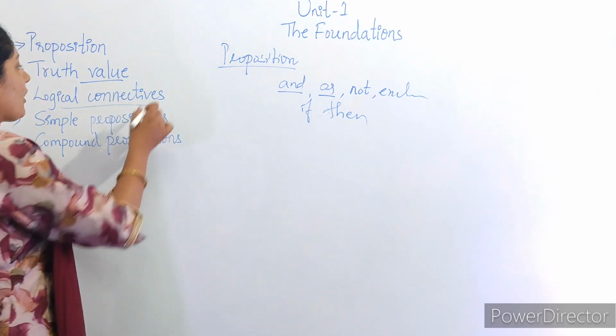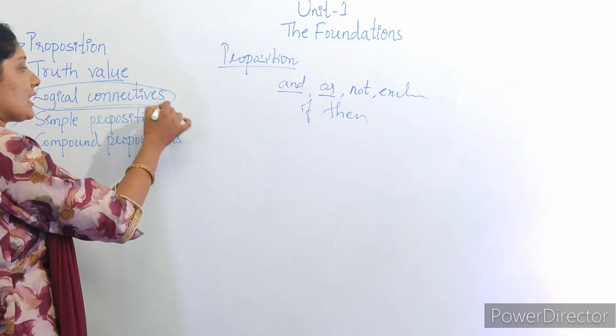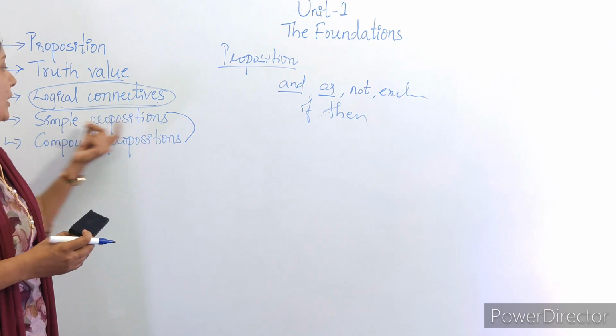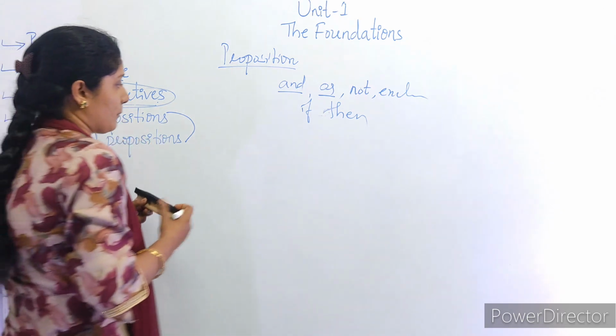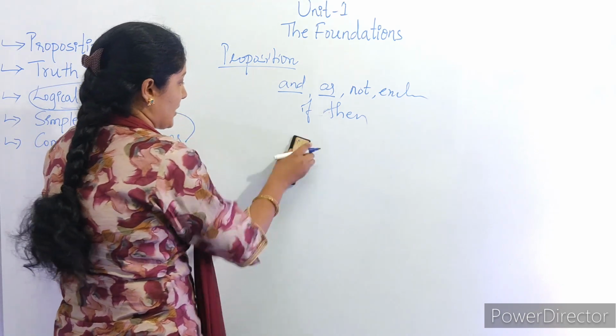Now, depending on the presence or absence of the logical connectives, we get two propositions. That is simple proposition and compound proposition. What are these? See, for example, let me write proposition.